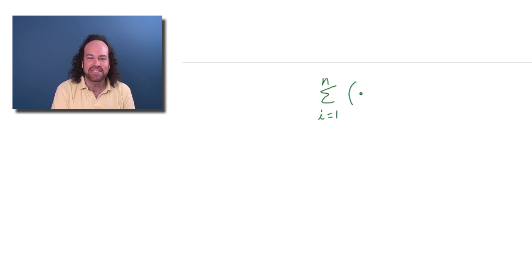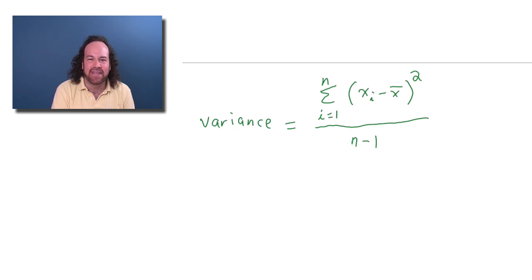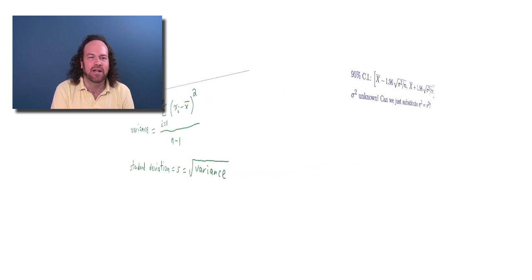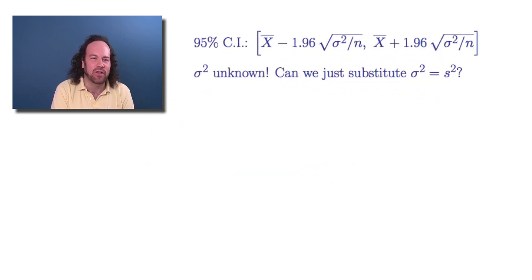Well, let's start by remembering that formula that we had a while back for the sample variance and the sample standard deviation, which allowed us to try to estimate the variance and the standard deviation S from a sample. Maybe that will help us here. So here we have a confidence interval but in terms of this unknown sigma squared.